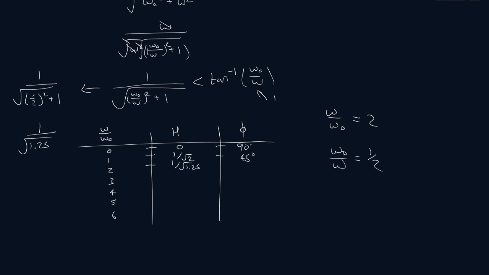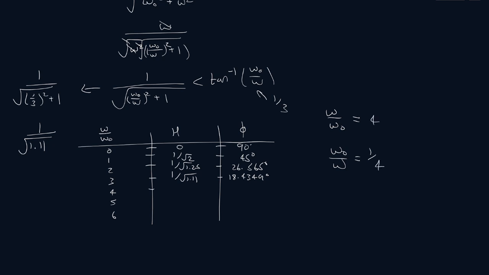And putting 1 over 2 into here, we get 26.565 degrees. Now let's do 3. So it'll just be 1 over 3. We put that into here, and we get 1.11. So it'll be 1 over the square root of 1.11. Put 1 over 3 into here. We get 18.4349 degrees. Now let's do 4.